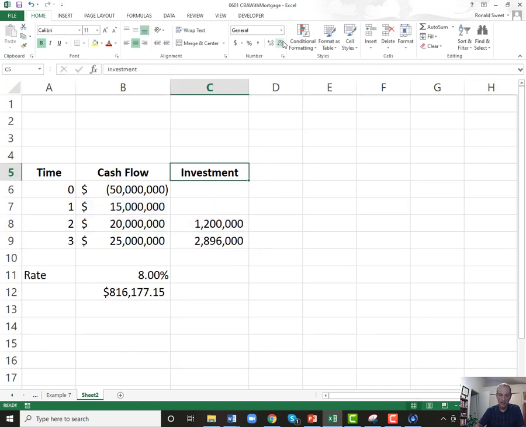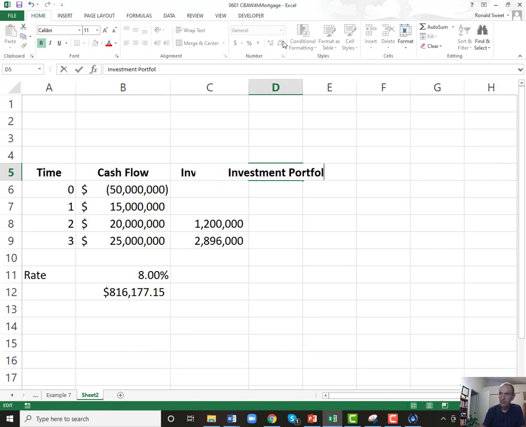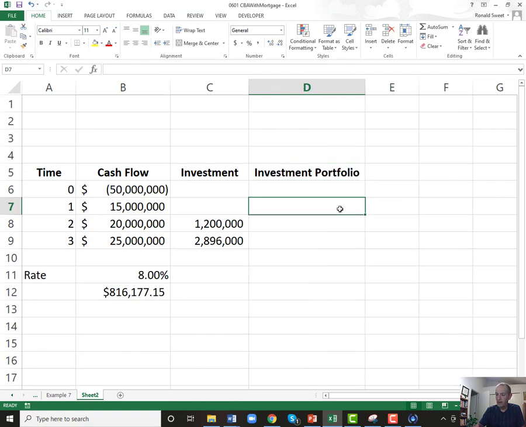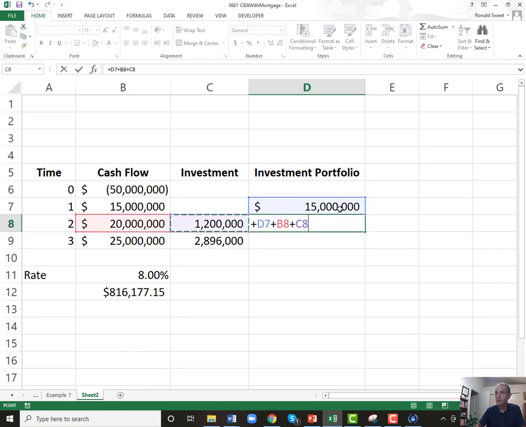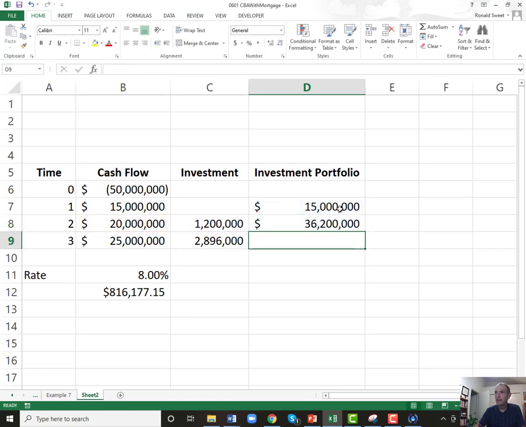So what does my investment portfolio look like? Well, at the end of the first year, I'll have $15 million. At the end of the next year, I'll have $15 million plus $20 million plus $1.2 million. At the end of the next year, I'll have $36 million plus another $25 million plus an additional $2,896,000. So they said, wow, look at this. Here's my portfolio.